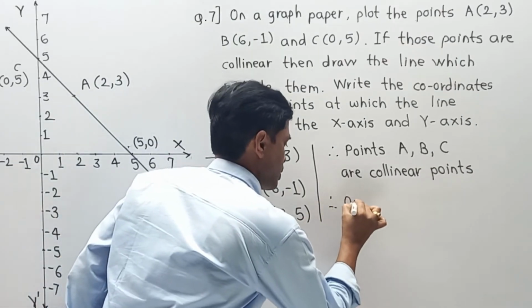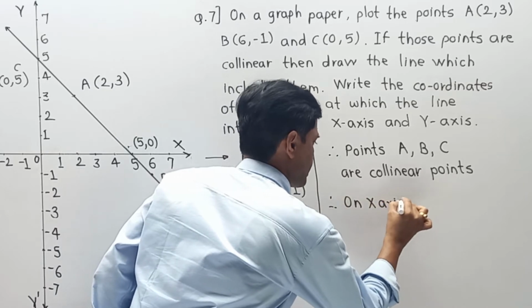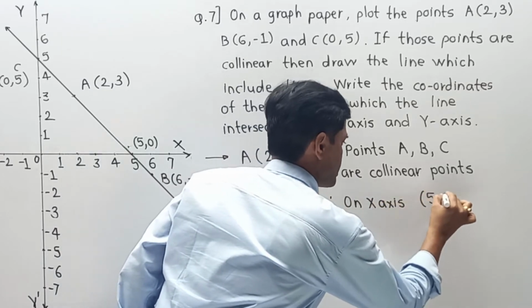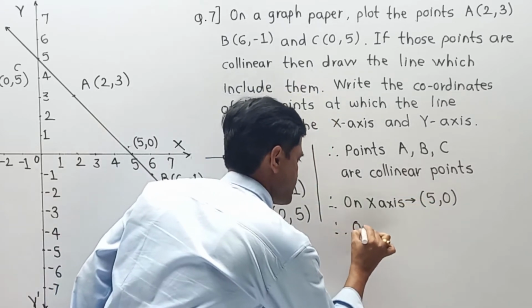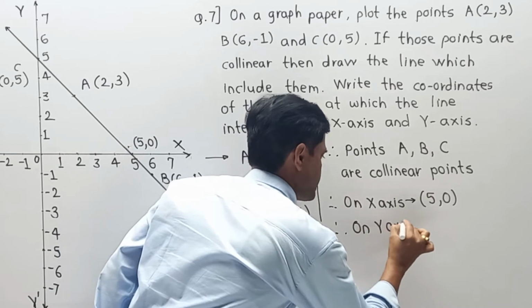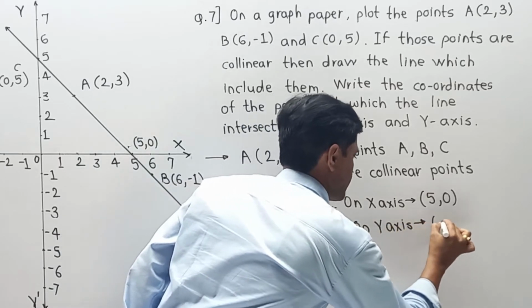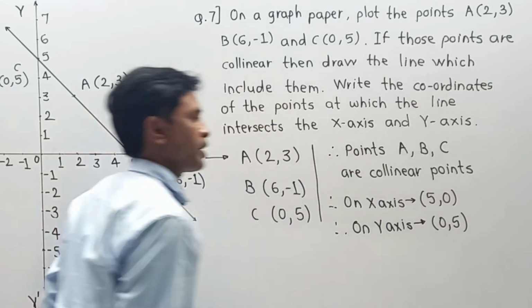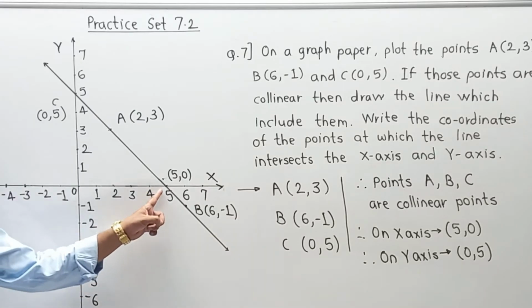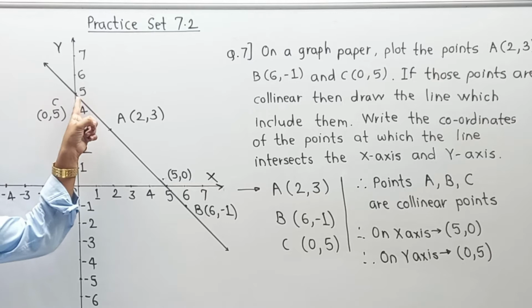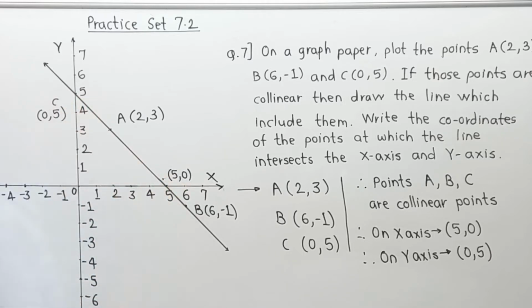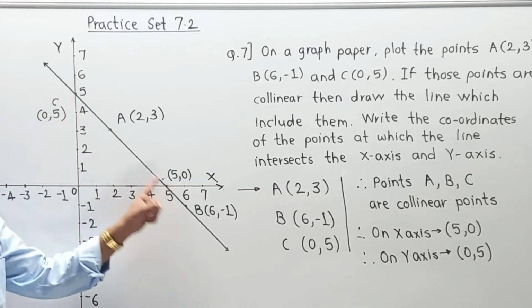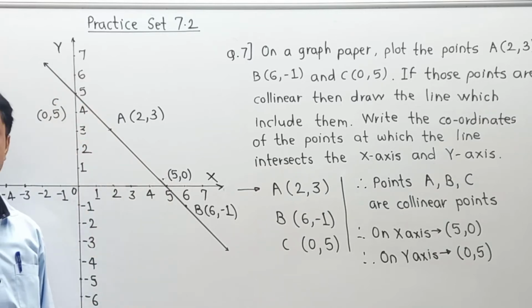Therefore on the x-axis the coordinate is (5, 0), and on the y-axis it intersects at the point (0, 5). You can also name it like P or Q, but this is directly C, so we do not need to mention it. One point is P, that is (5, 0), and second is (0, 5). These are the points of intersection of that line on the x-axis as well as on the y-axis.